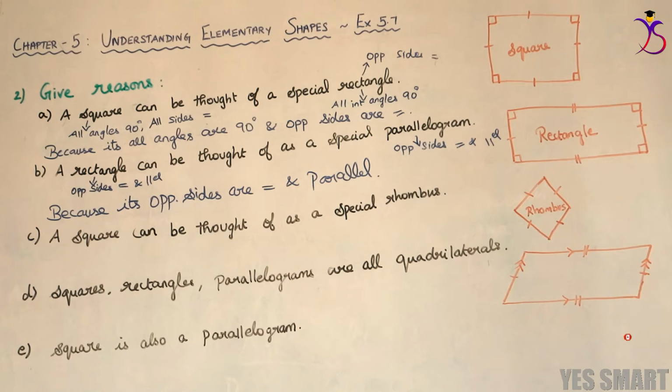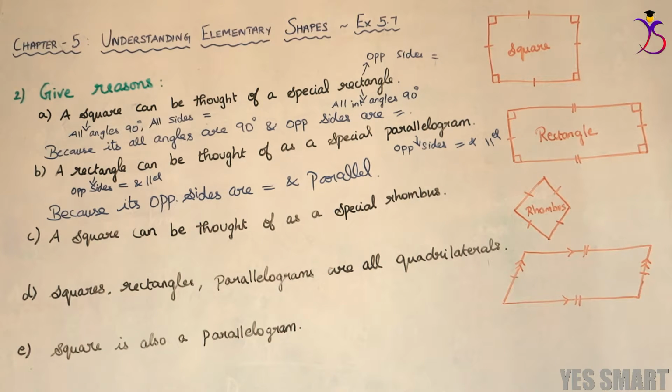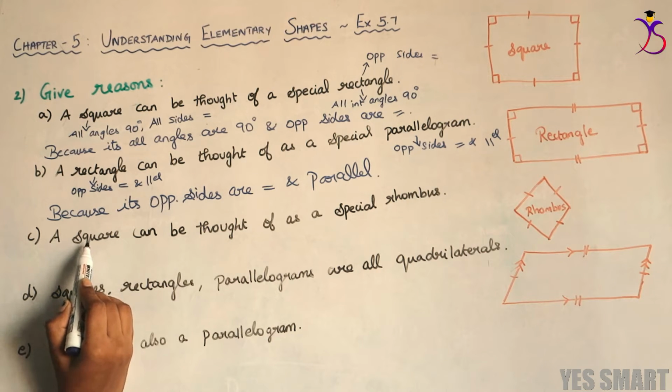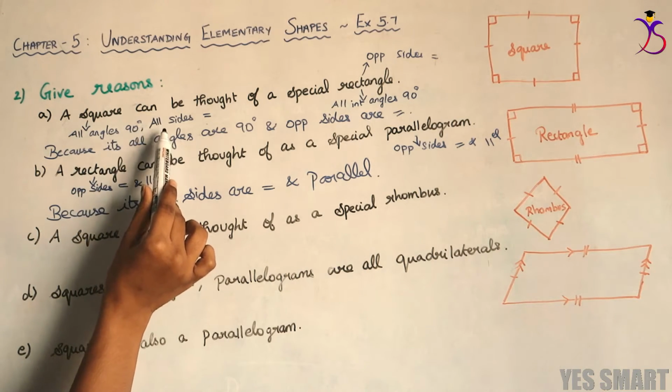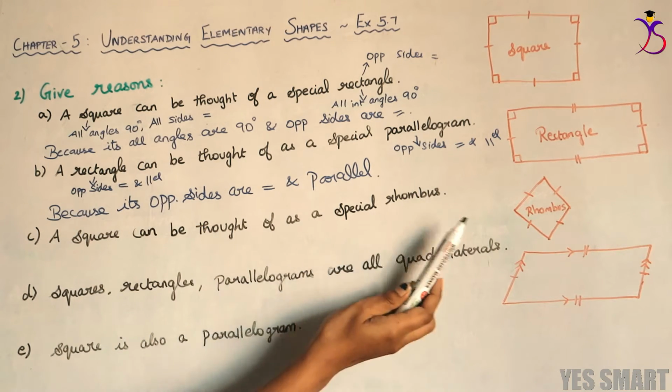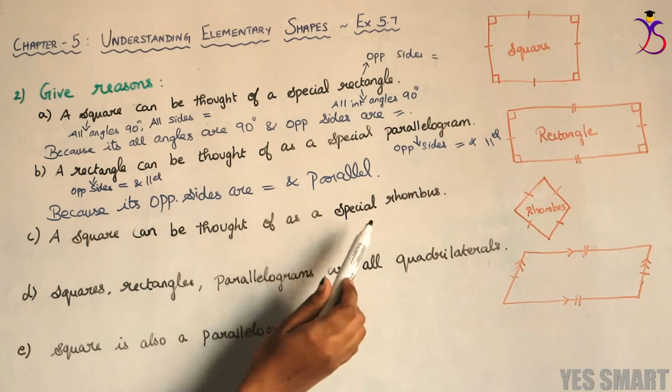Now see the third one. A square can be thought of as a special rhombus. On looking into the properties, in a square we know that all sides are equal, and in a rhombus also we know that all sides are equal. And also on thinking about the diagonals, in both the square and the rhombus, the diagonals are perpendicular to each other.